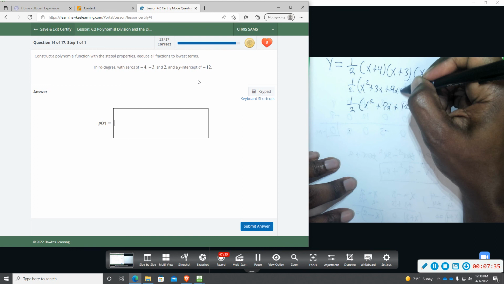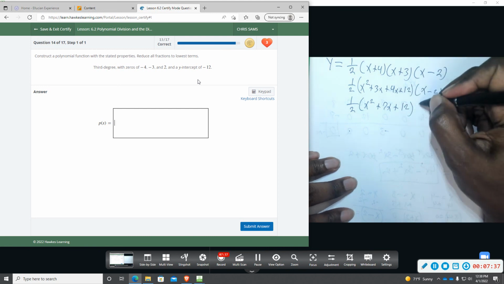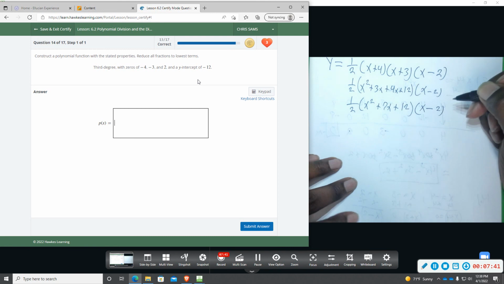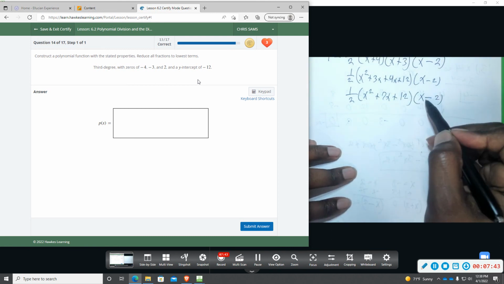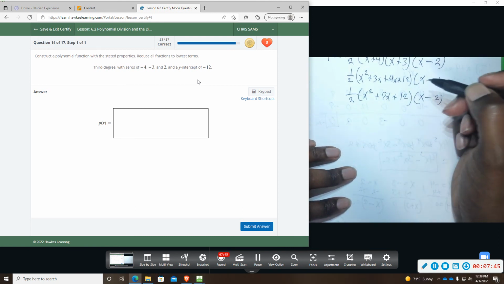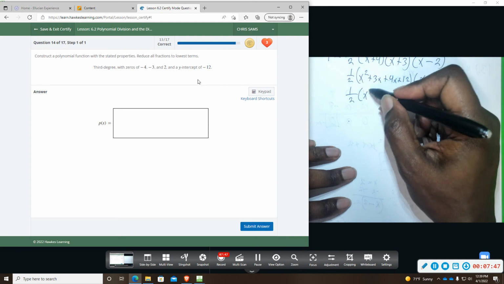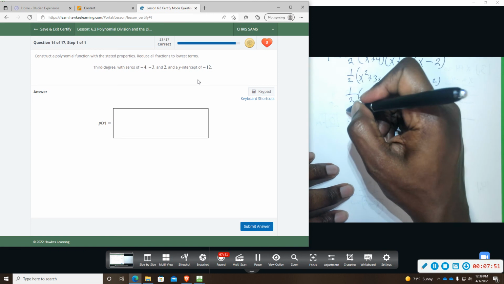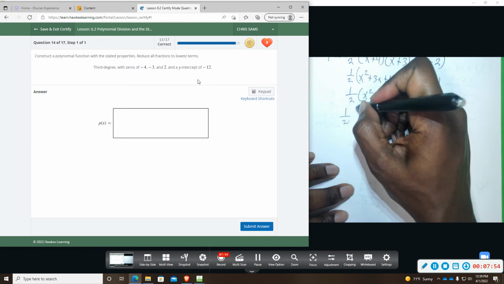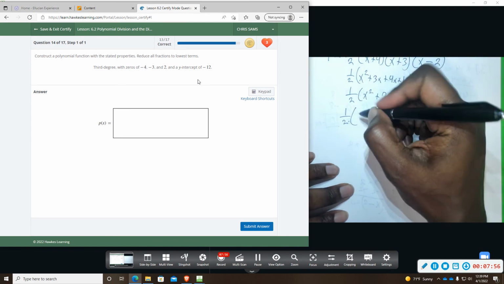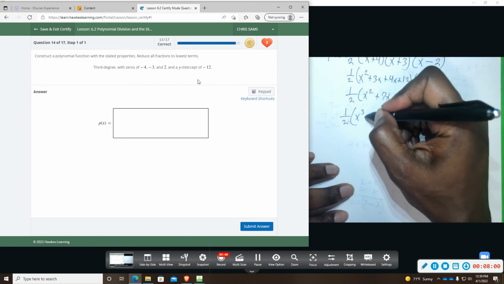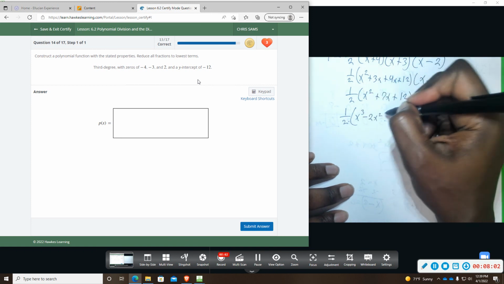I guess I missed my plus sign there. And then that is going to get multiplied by x minus 2. So I'm going to multiply all of them by x and then all of them by negative 2. I think that'll put them in order. So I'm going to bring down my 1/2 and leave it. x squared times x will give me x cubed. x squared times a negative 2, negative 2x squared.